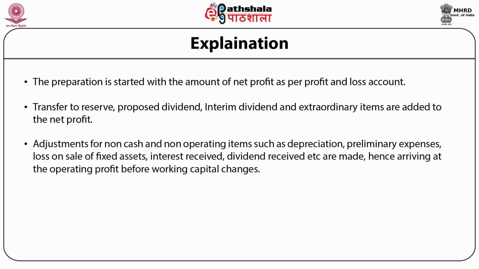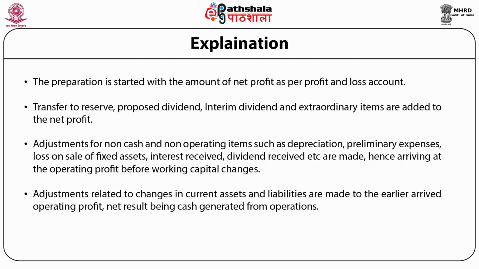Adjustment for non-cash and non-operating items such as depreciation, preliminary expenses, loss on sale of fixed assets, interest received, dividend received, etc. are made, hence arriving at the operating profit before working capital changes.